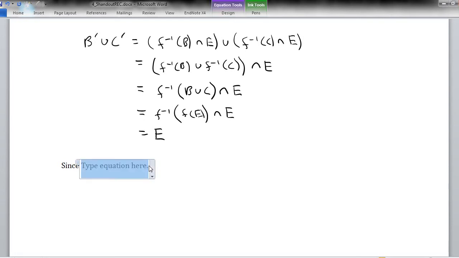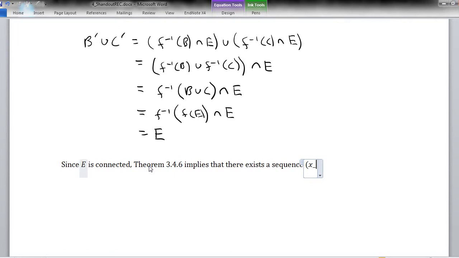We can say, since by assumption E is connected, theorem 3.4.6 implies that there exists some sequence x sub n contained in one of B prime or C prime with limit of x sub n equal to some number x contained in the other. Okay, so the sequence is in B prime or C prime, and x is in the other one.